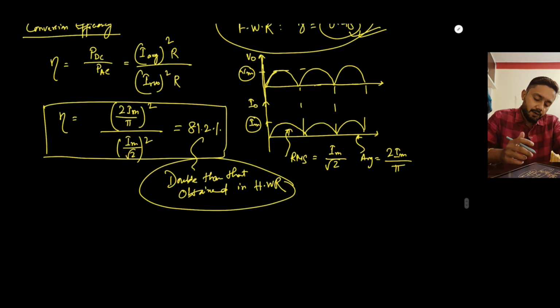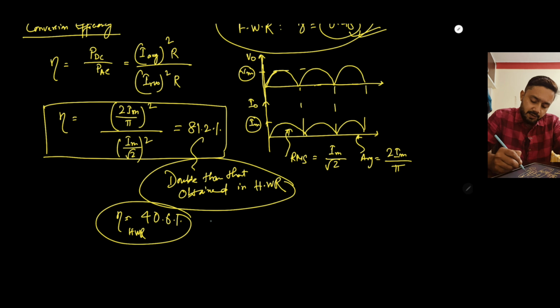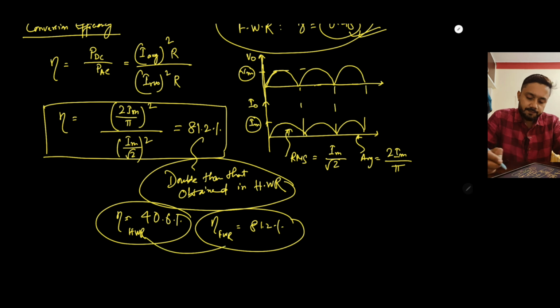And what was the conversion efficiency for the half wave rectifier? It was approximately 40.6%, and for the full wave rectifier it is 81.2%.